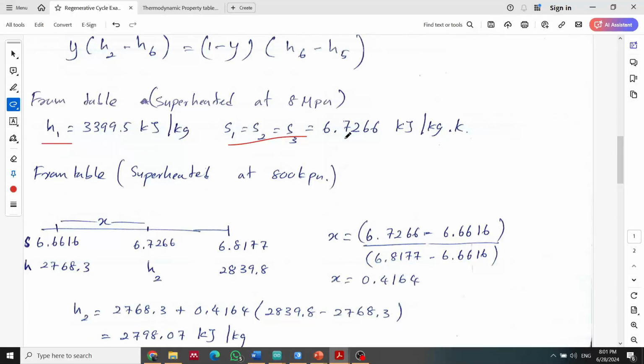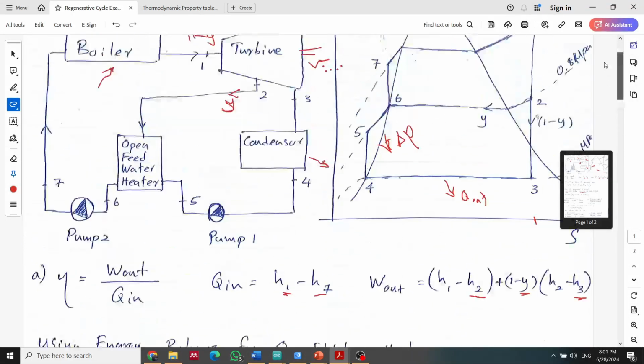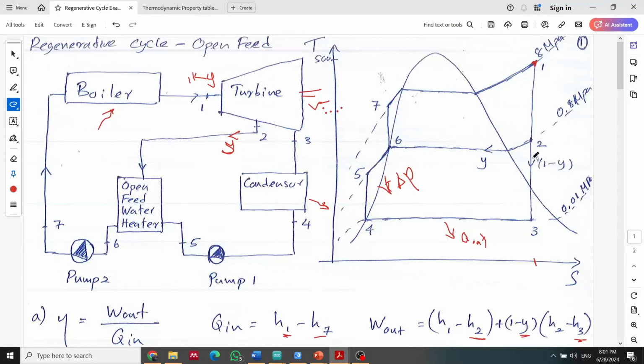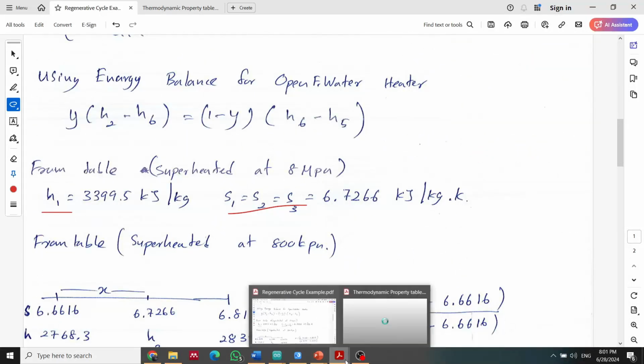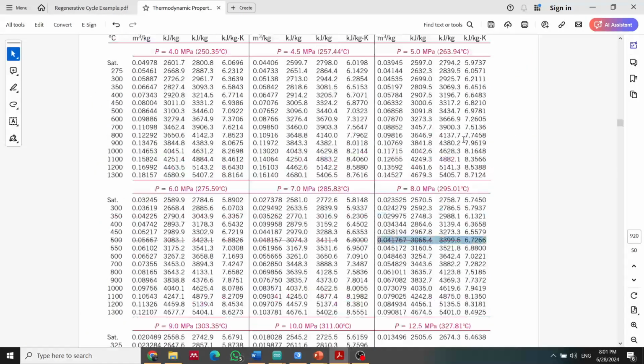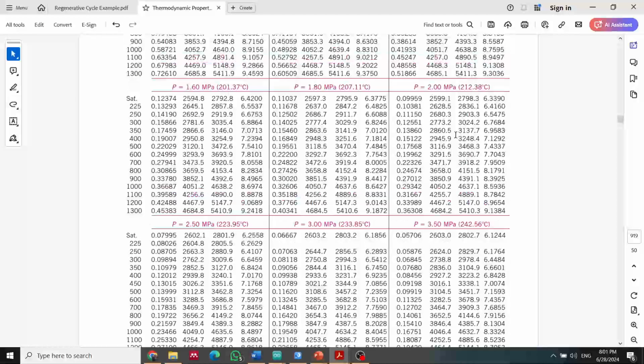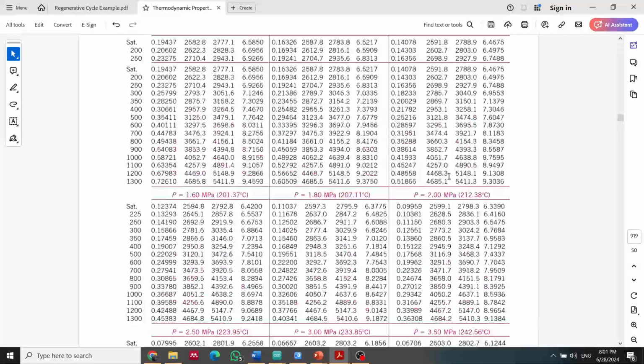So S2 equals 6.7266, and of course we know this point should be in the superheated region and the pressure is 0.8 megapascals. So we can refer to the superheated table at 0.8.